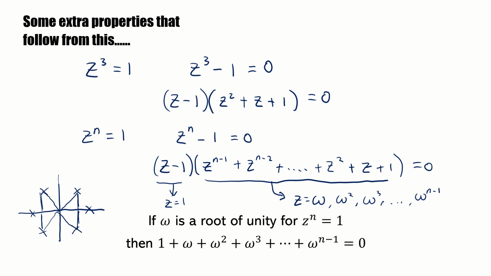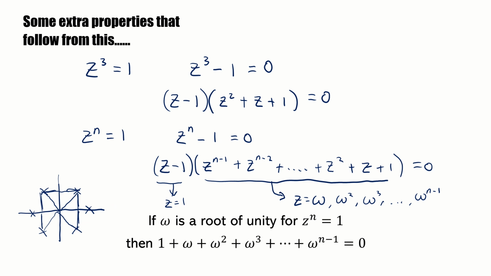And conveniently, the same thing also happens with the real components. For every complex root we have, there'll be another root that's equally spaced away from the imaginary axis. So if you add all the roots of unity together, they're guaranteed to come to 0.